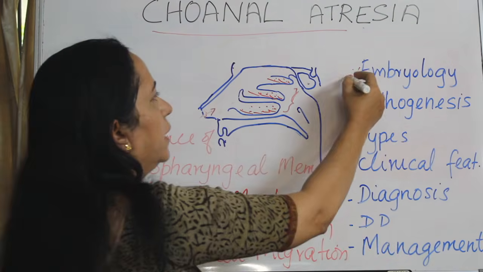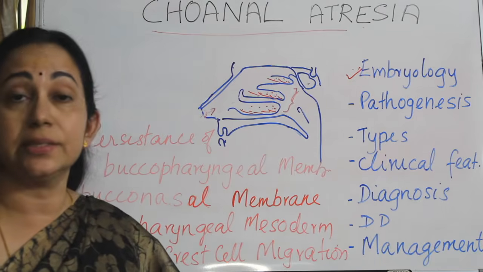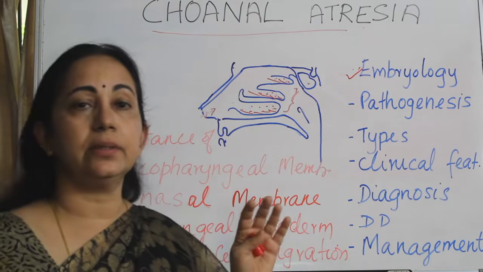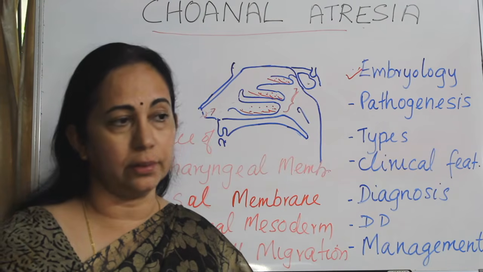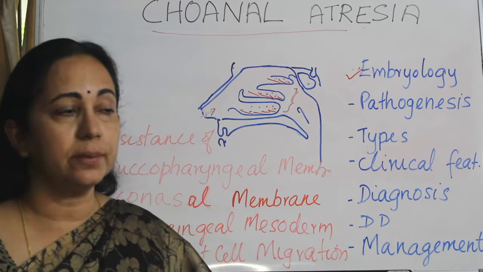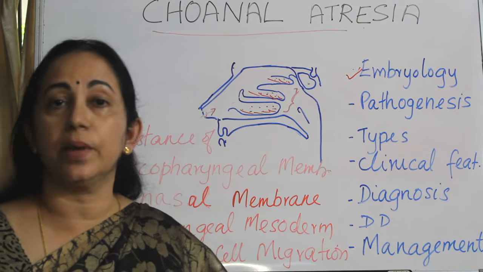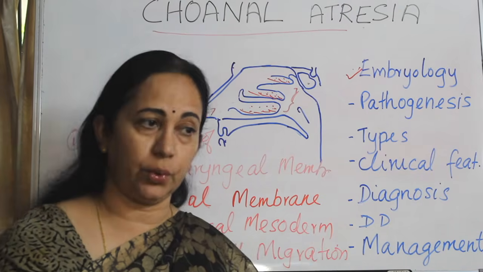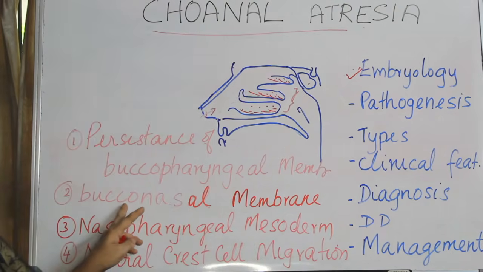Regarding embryology, this part was dealt with in detail in an earlier class. The choana develops between the 3rd and 7th week of embryonic life, and there is a vertical epithelial fold between the olfactory groove and the stomodeum. Rupture of this membrane leads to the formation of the choana, and that is called the bucconasal membrane.